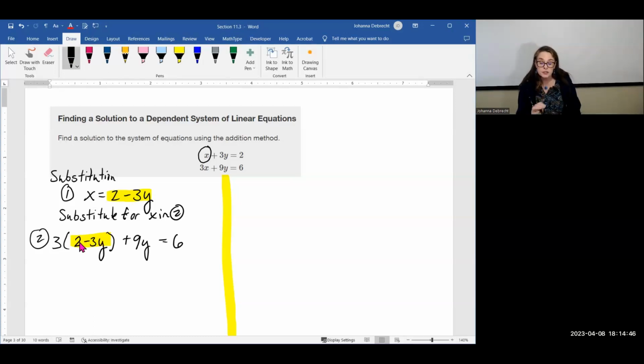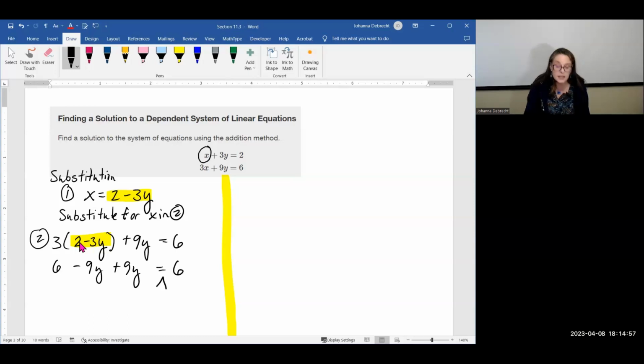Now I do have to distribute the 3 across both terms. So this gives me 6 minus 9y plus 9y equals 6. It balances here at the equals. I already have minus 9y and plus 9y on the same side. They cancel and knock each other out. And I'm left with 6 equals 6.